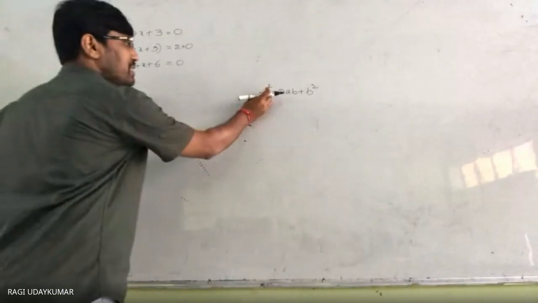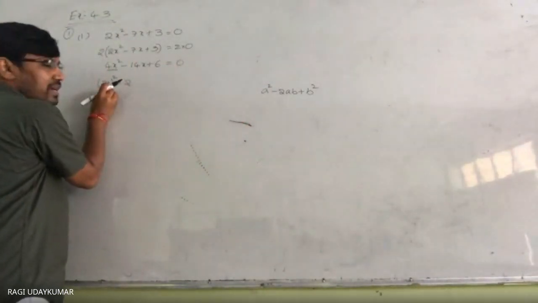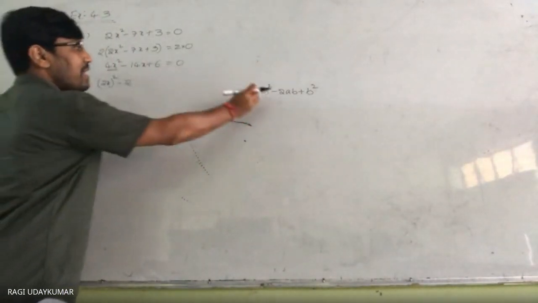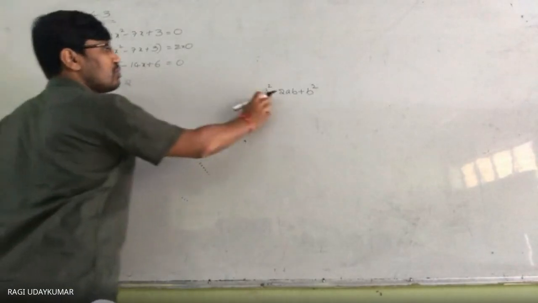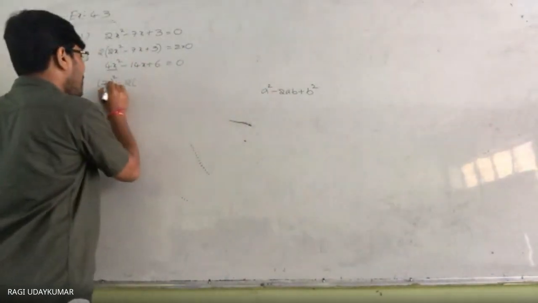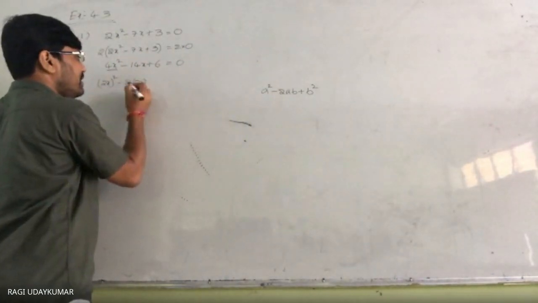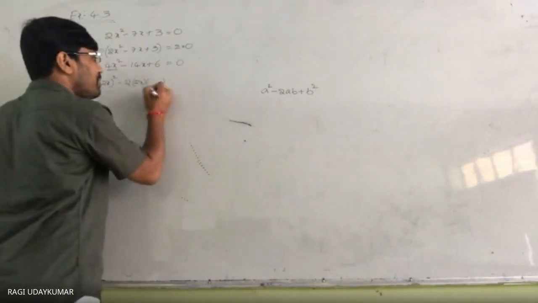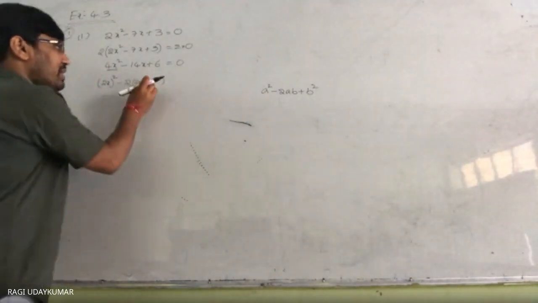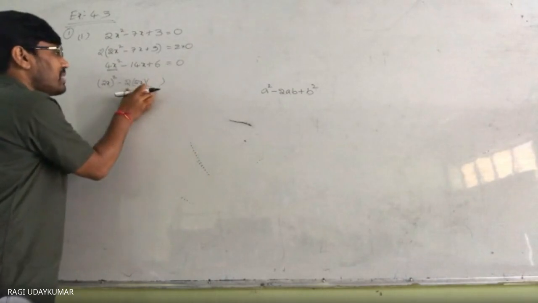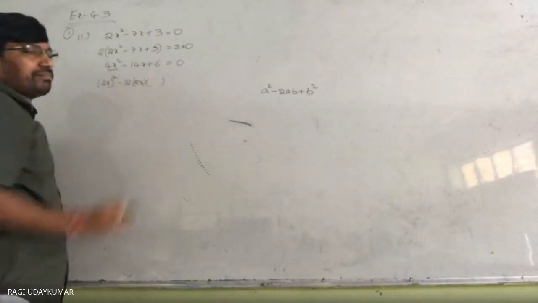The a square means in the place of a you have 2x. In the place of a you have 2x, minus 2 compulsorily, like this you have, and you leave the bracket here. And what number should be filled here such that you get this one?